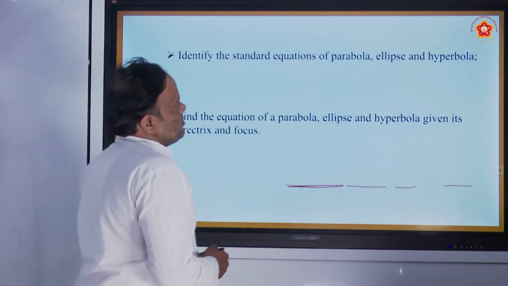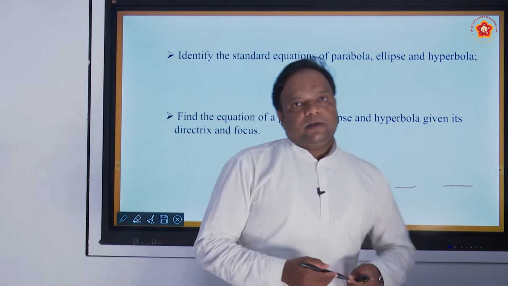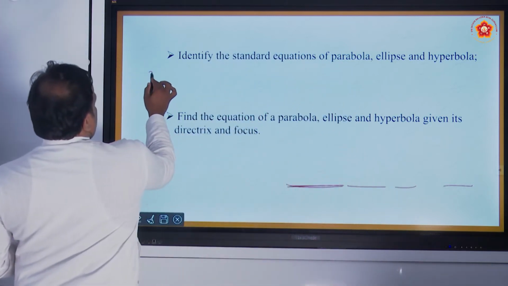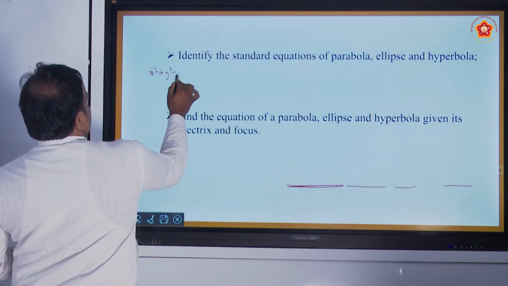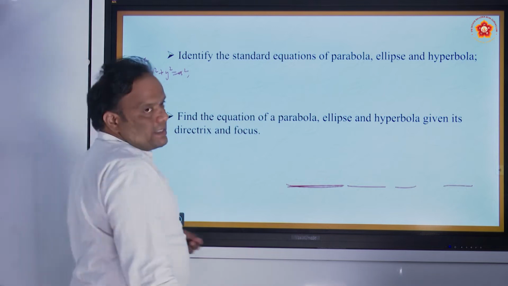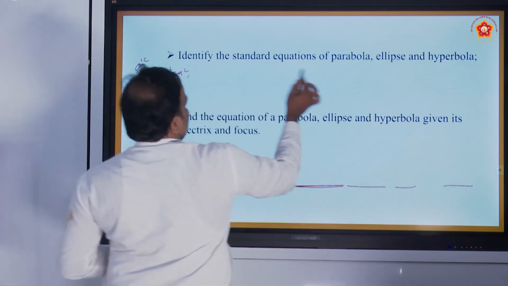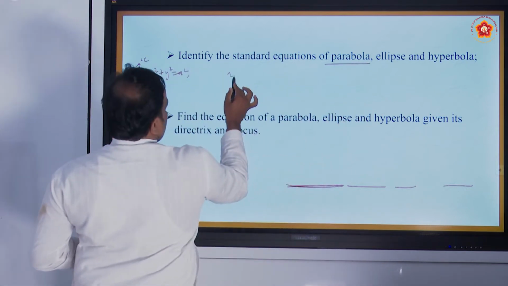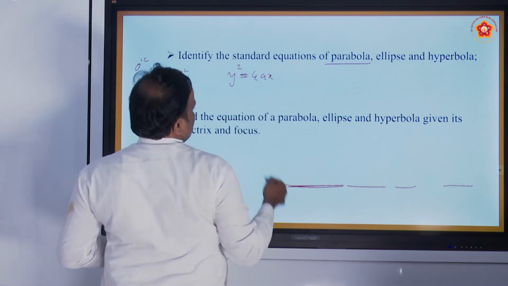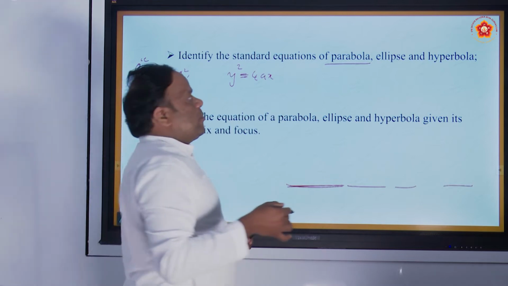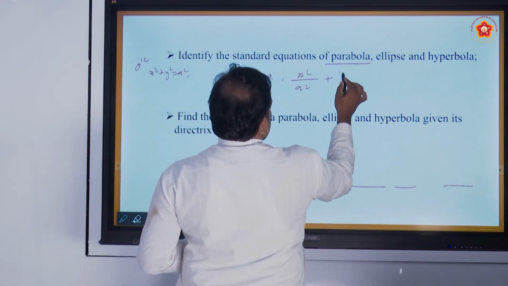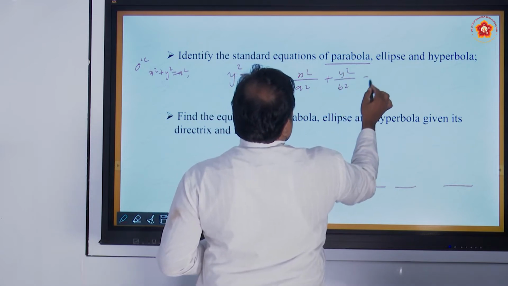Identify the standard equations of the parabola, ellipse and hyperbola. You know the circle equation. The standard equation of a circle is x square plus y square is equal to a square. This is the circle equation, correct? Here the center is the origin. What is the standard equation of the parabola? The parabola equation is y square is equal to 4x. In the next class we will see the derivation and problems of the parabola. The ellipse equation is x square by a square plus y square by b square is equal to 1.